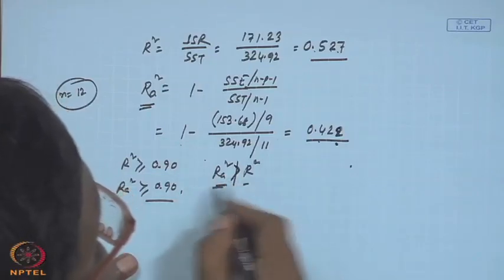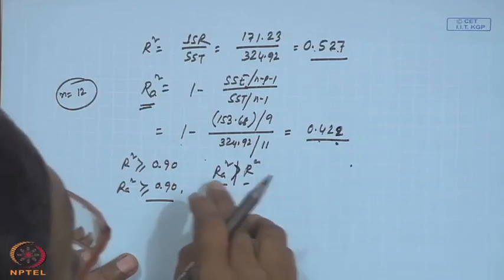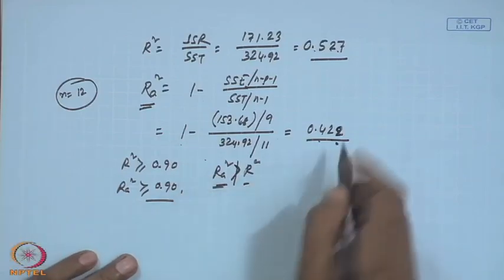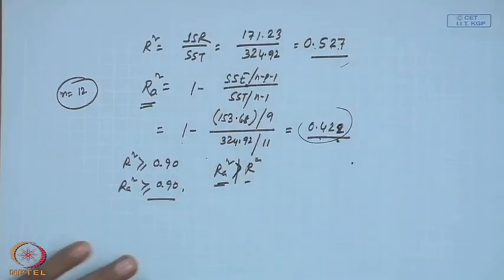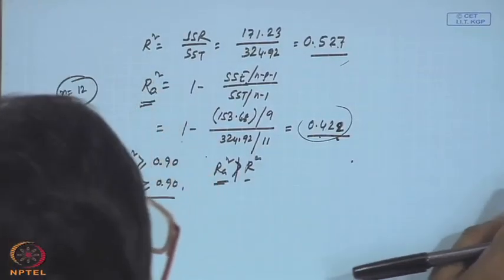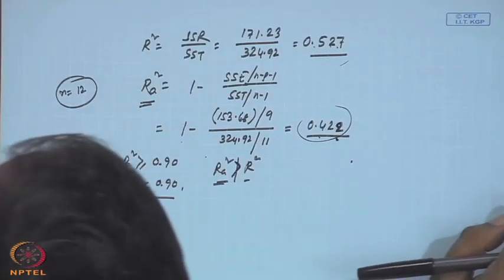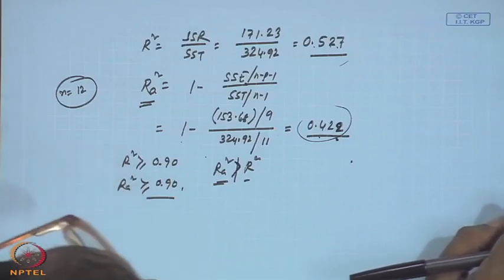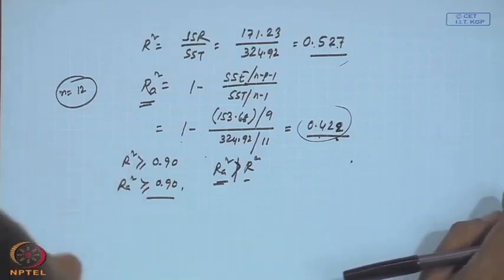It may be that R square is less than or equal to 0.90, and that is what is happening here. Okay, in this particular example it is not a fit, but in some examples you will get a good fit.